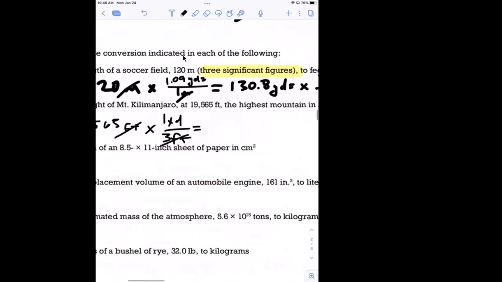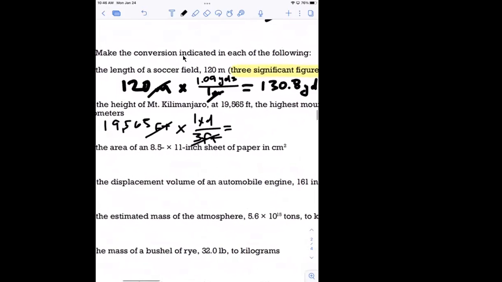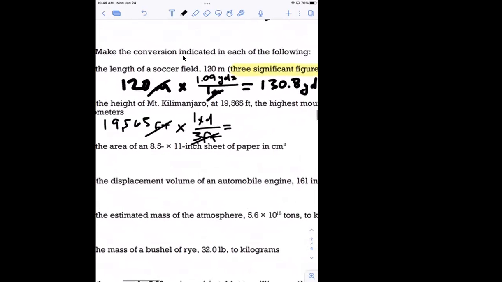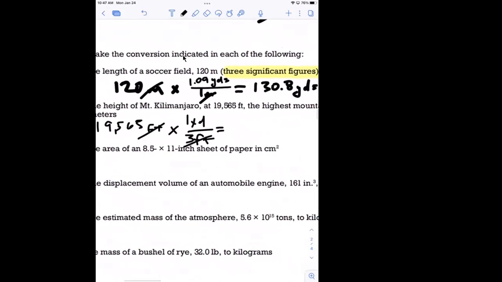So 19,565 divided by 3. It's going to be a little bit over 6,000, roughly. Anybody got it? And again, if you know your conversion values, you can convert between any 2 units.